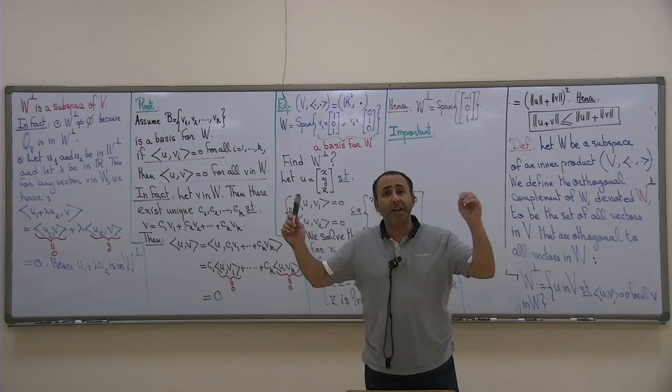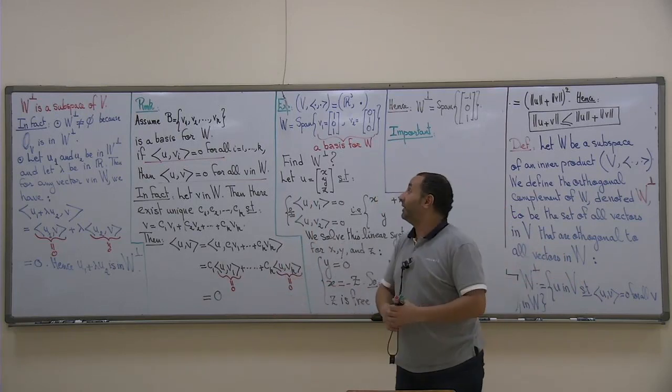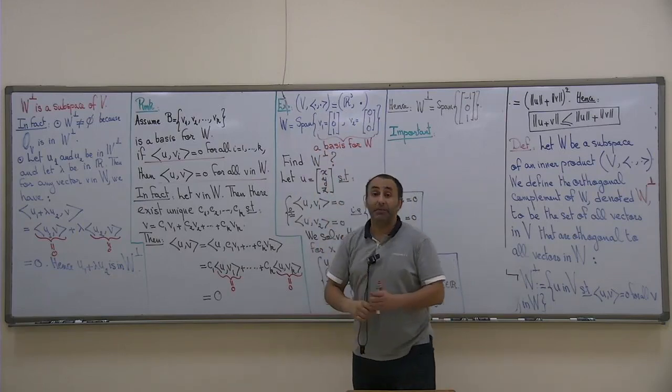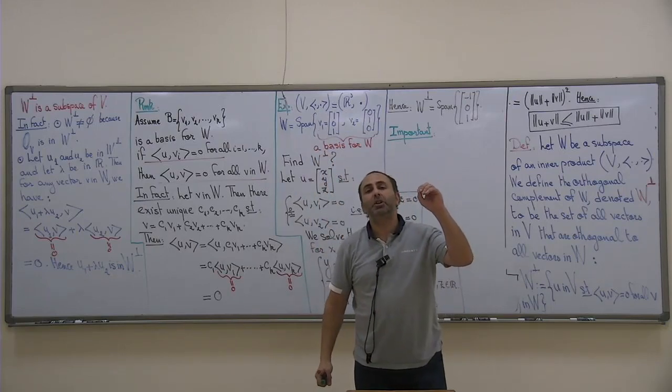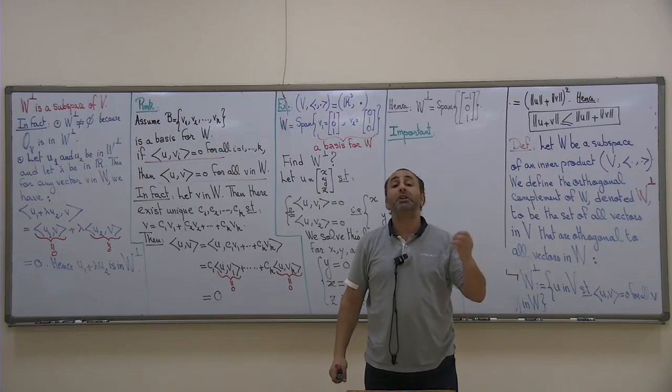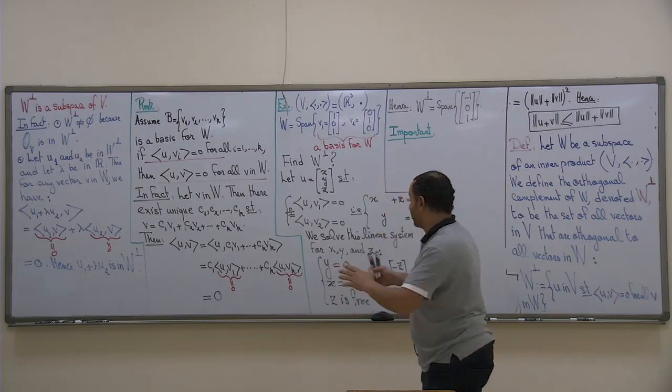So V has a dimension, let's say n. And if W is a subspace of V, of this inner product space V, then the dimension of W plus the dimension of the orthogonal complement of W will always be equal to the dimension of the big vector space V. So let's write it here.